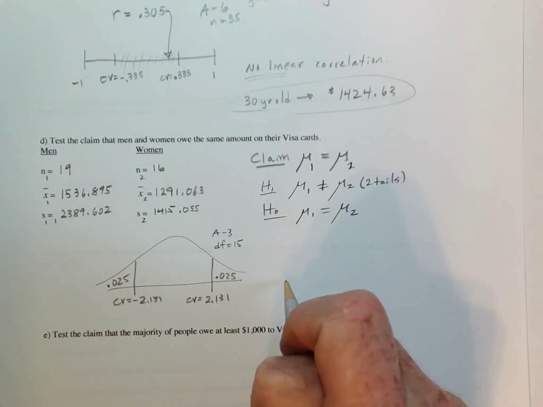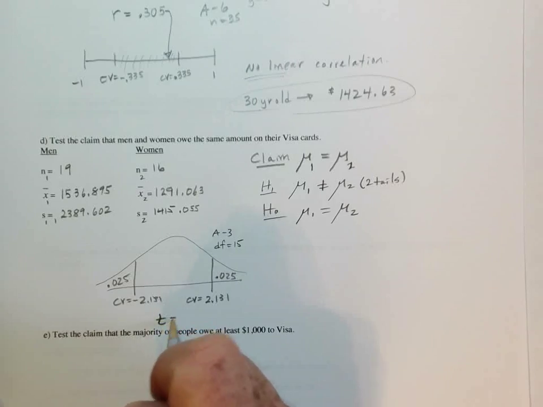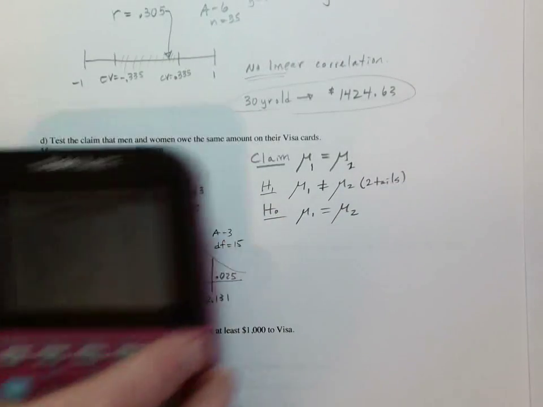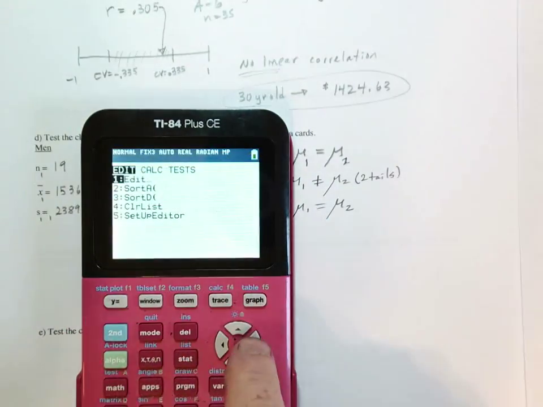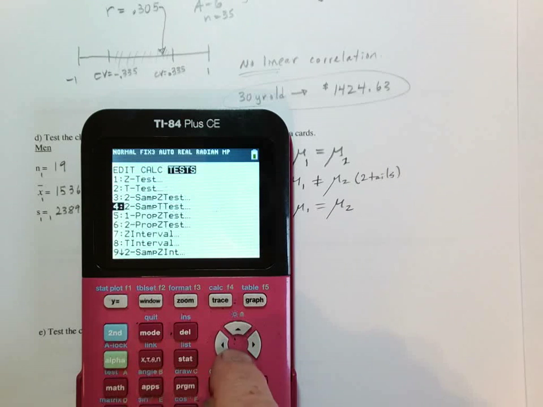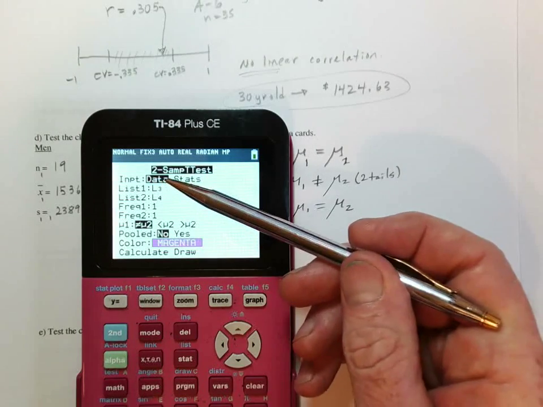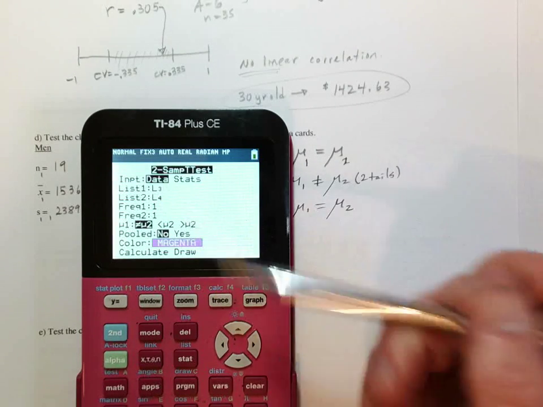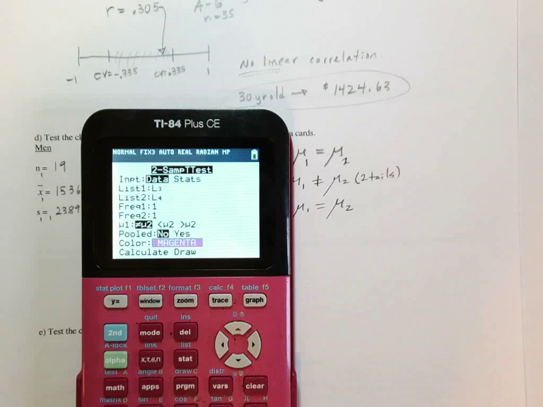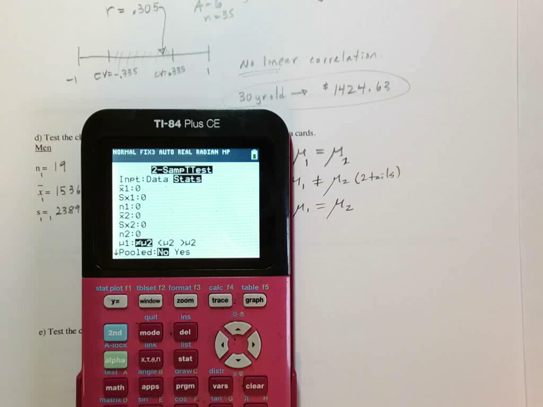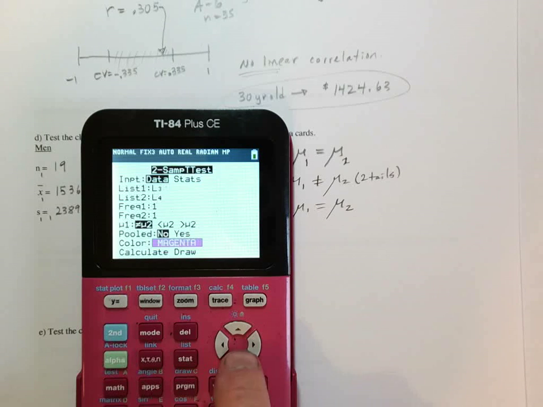And then the t-test. The test statistic will be t, and it needs to be the two-sample t-test. So the two-sample t-test would be this one. You can either use data and just tell the calculator which lists you're using, or you can use stats and then type in the mean and standard deviation yourself. I'd rather just use the data, tell it it's list 3 and list 4.